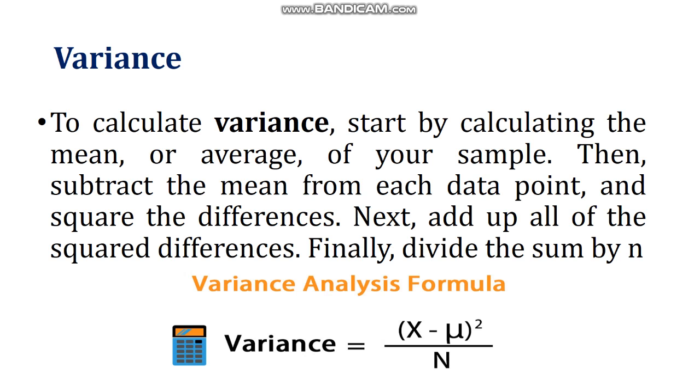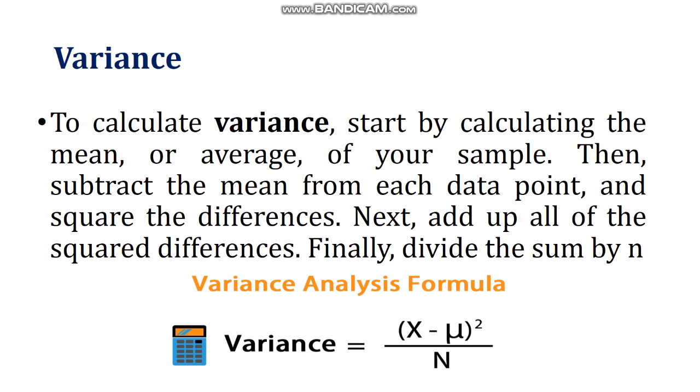As we already know the formula for calculating the variance, and one of the definitions is mentioned on this particular slide. The value of variance is calculated by subtracting the mean from each of the data points, and then we are taking the square of the difference.